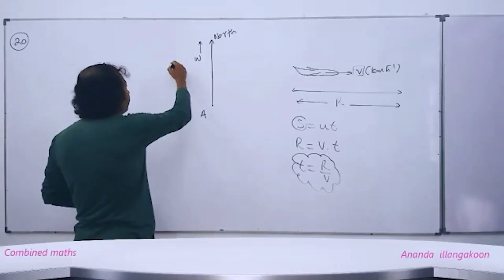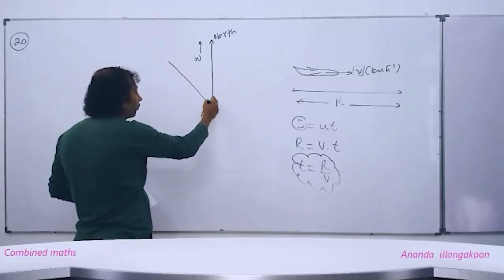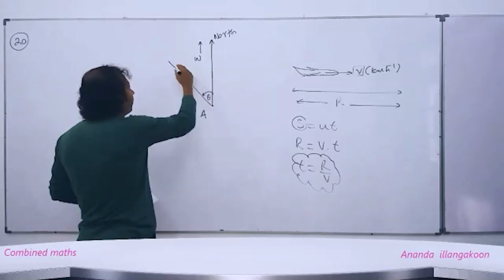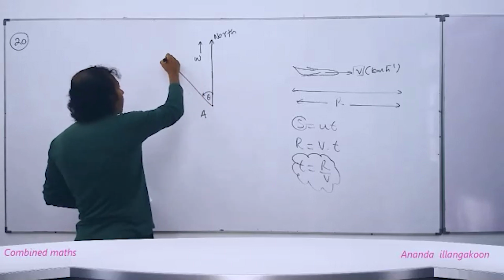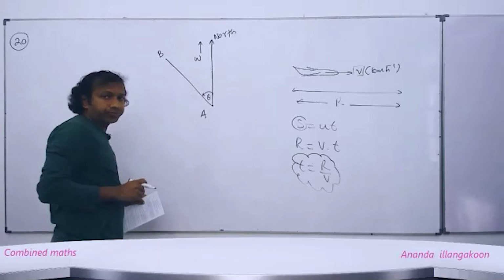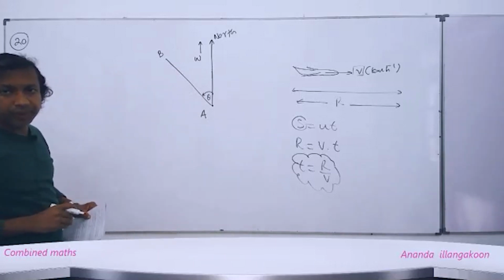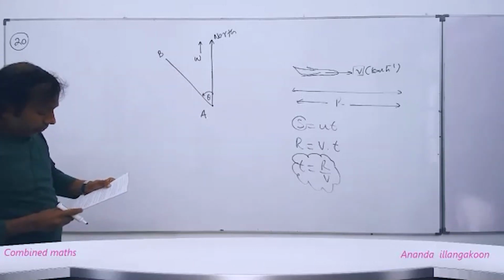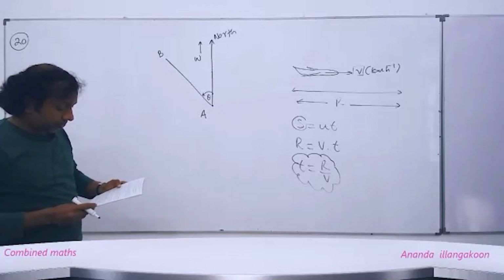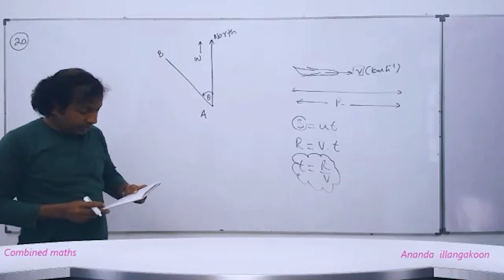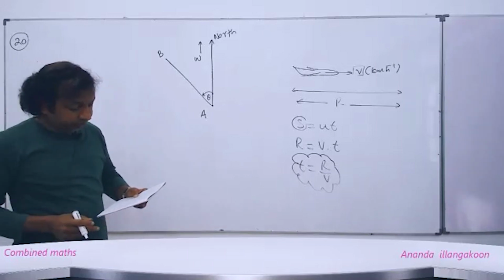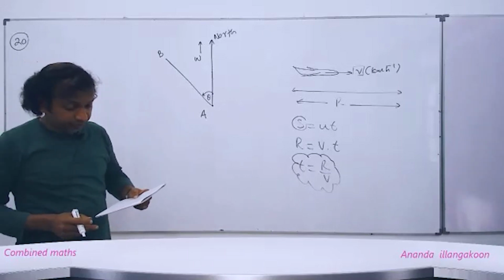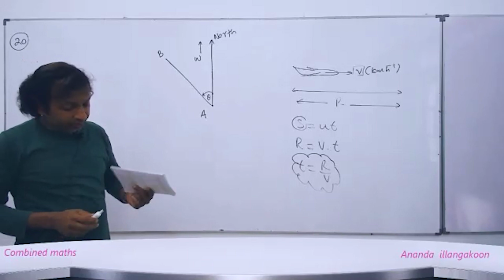That means this. Here we have the city B. Right. Show that the distance traveled by the airliner in this journey is this.